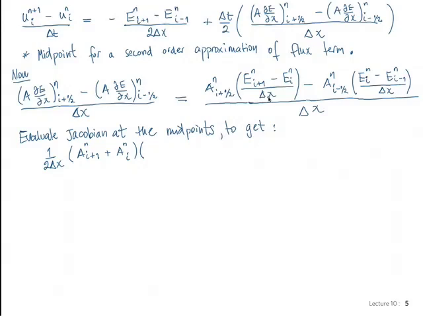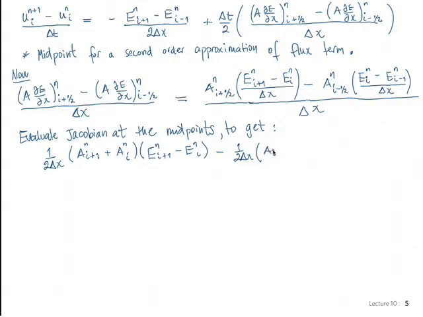I've put the delta x in front here, so I'll just write E^n at I plus 1 minus E^n at I, minus 1 over 2 delta x, and I do the same for this A over here.